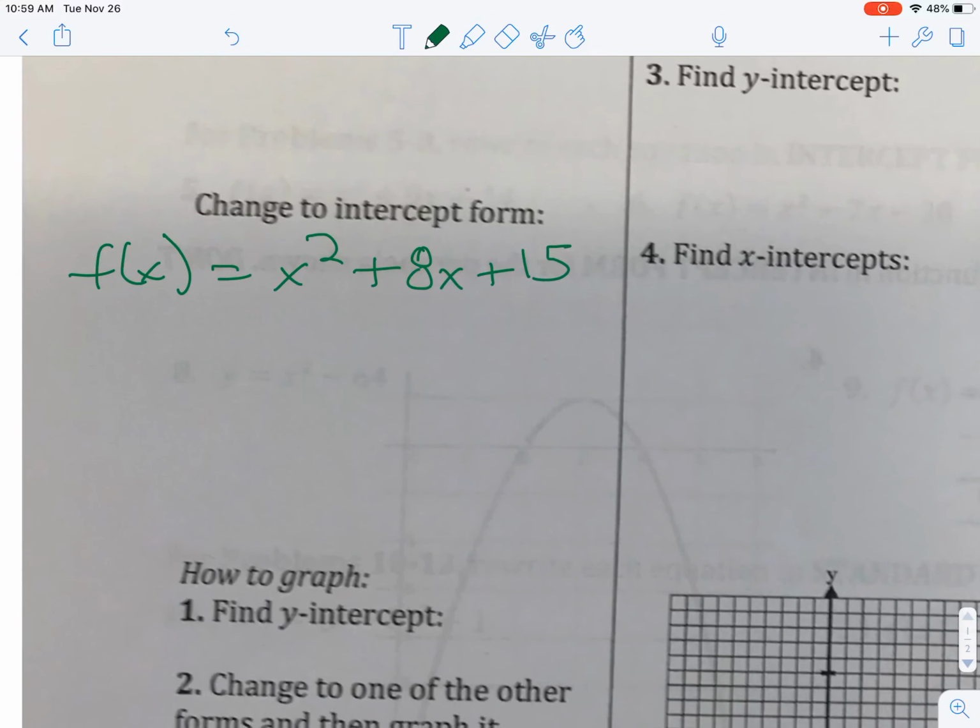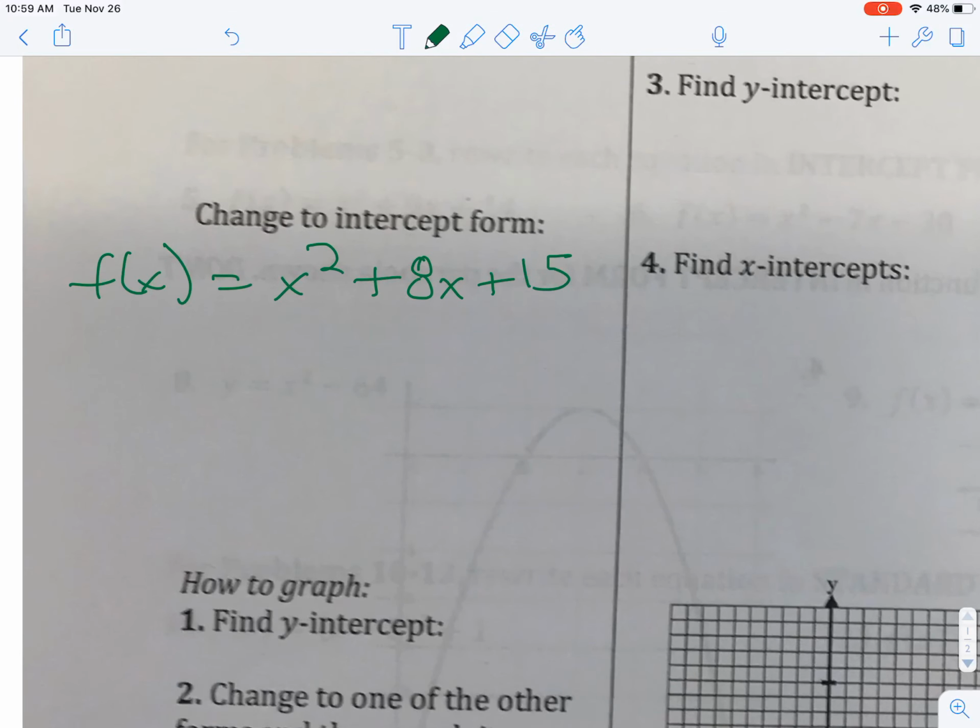So remember factored form? That's when you can see the intercepts real clearly. So like that's this, okay? So we do that. We have to factor this in order to get it into something like that. And in order to do that, we make an x, and in the top of the x, we write 15. And in the bottom of the x, we write 8.